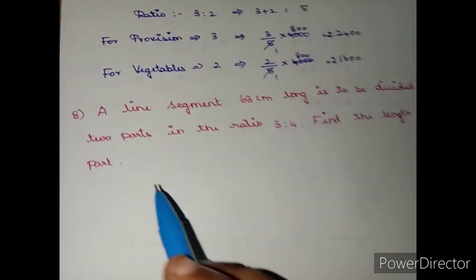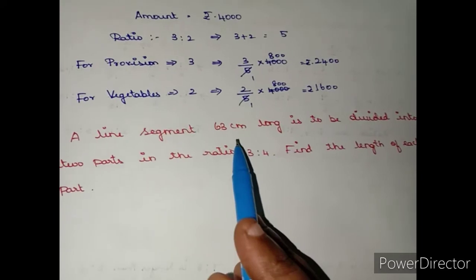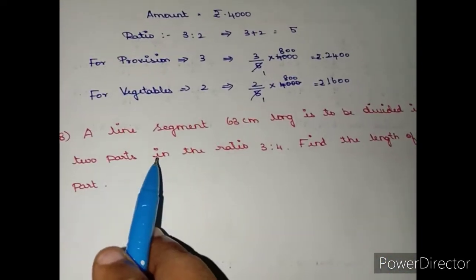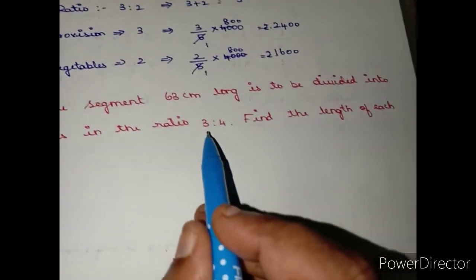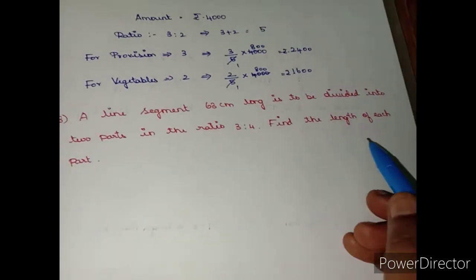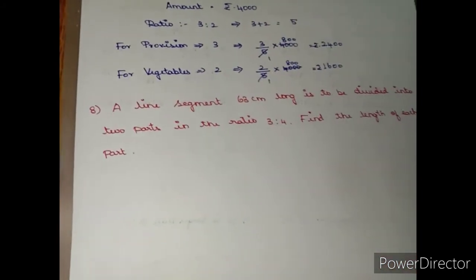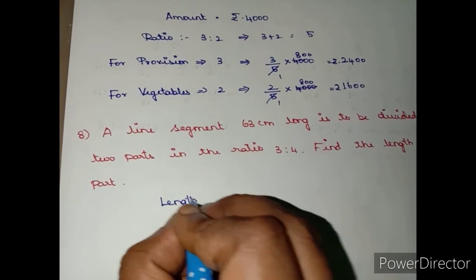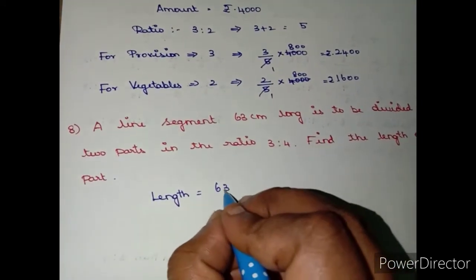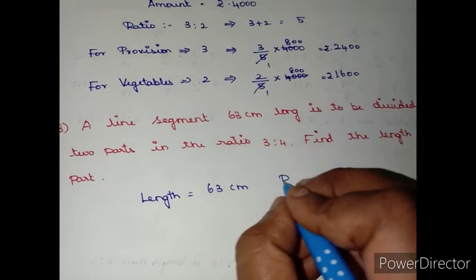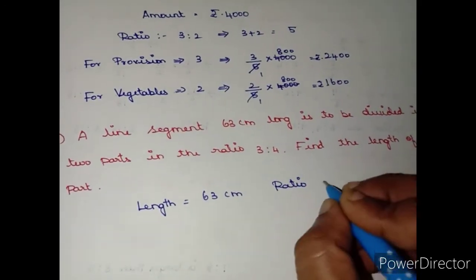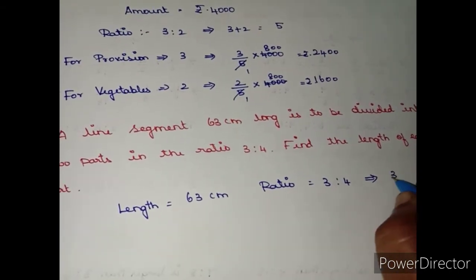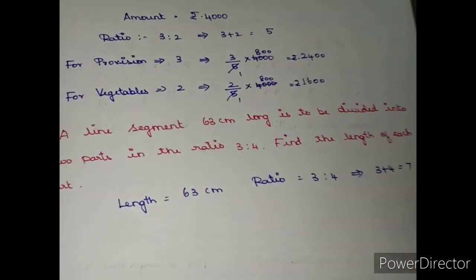See here, a line segment 63 centimeter long is to be divided into two parts in the ratio 3:4. Find the length of each part. So what is the total length? So total length is 63 centimeter. So what is the ratio given? 3:4, which can be 3 plus 4 is equal to 7.